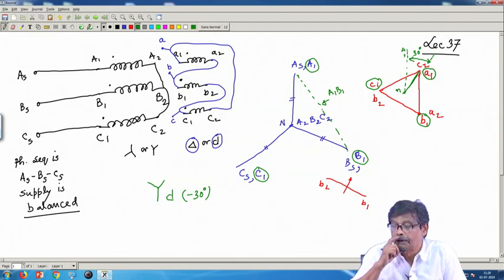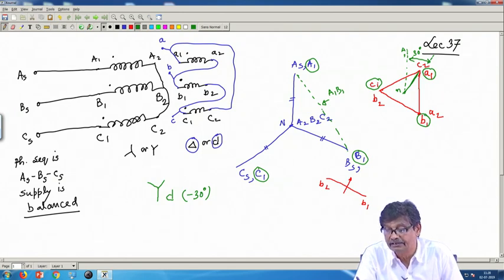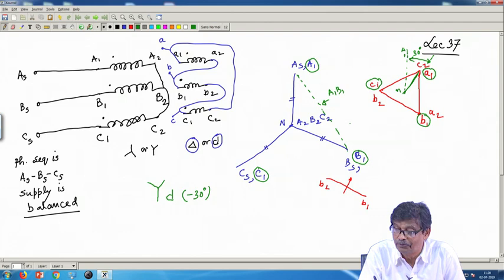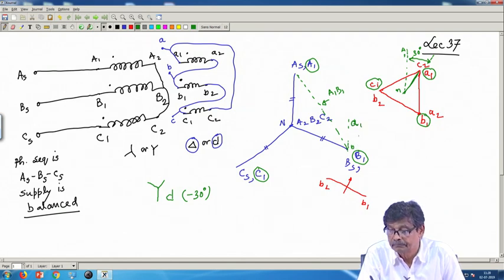This is the line to line voltage. On the secondary side, what is the line to line voltage? It is this vertical line, and this line to line voltage too, this is a1 b1, that is also 30 degrees lagging.